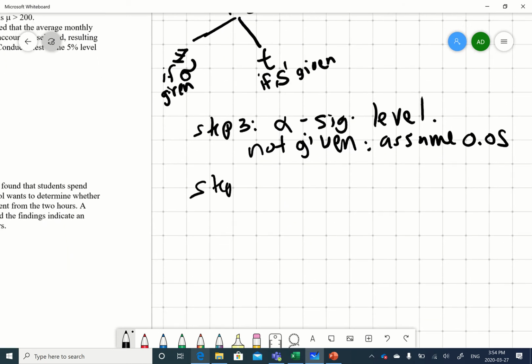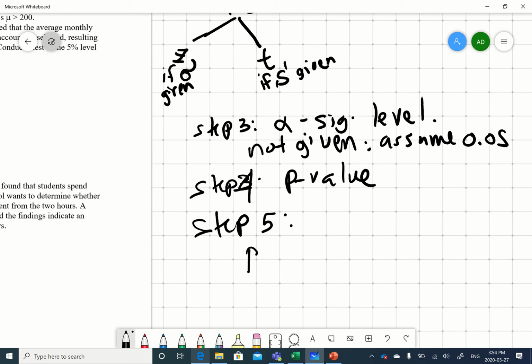And then step 4, calculate the p-value, which is the actual rate of error based on the sample you have. And then step 5, you make the conclusion by comparing the actual to the theoretical error rate.